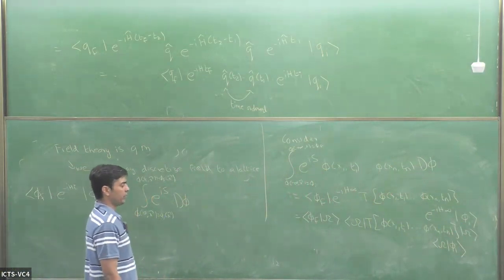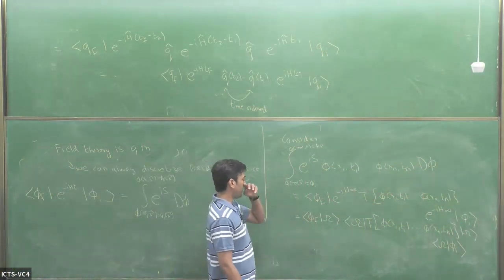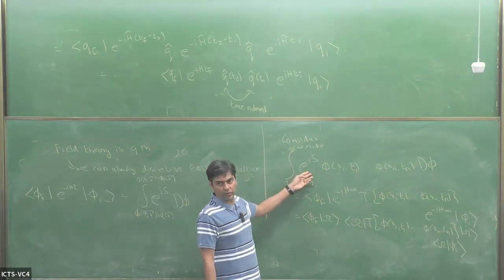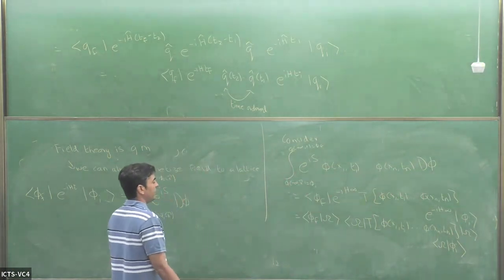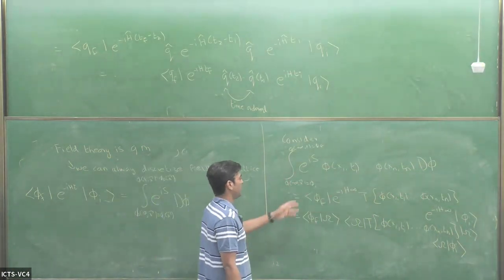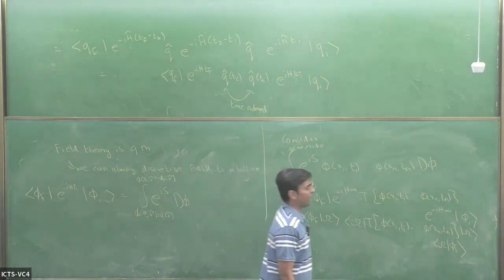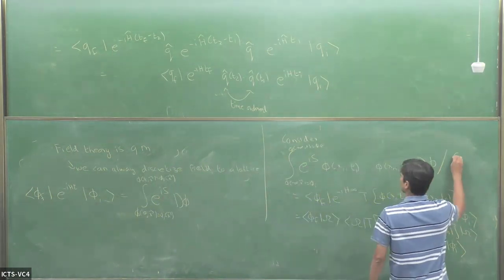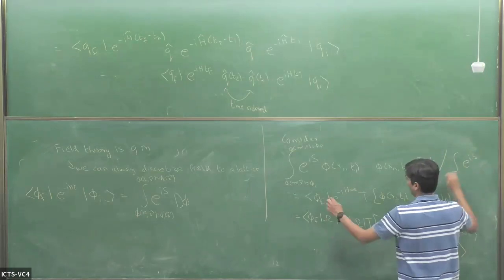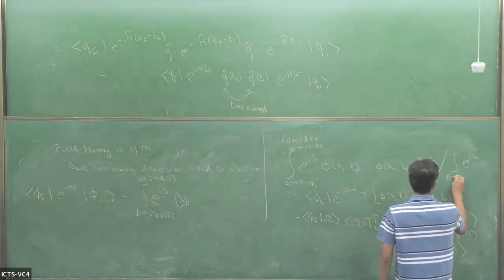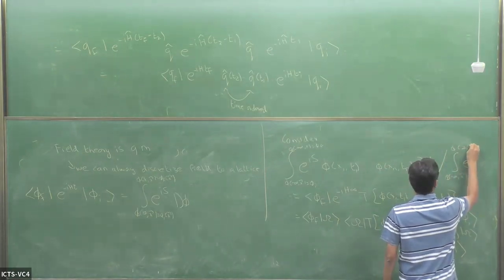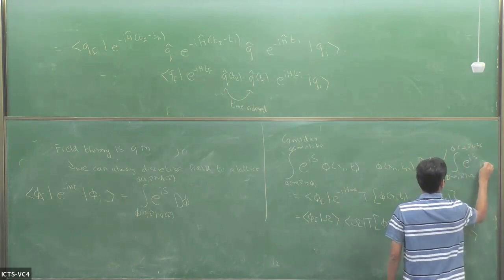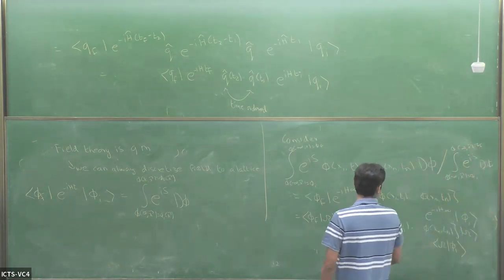This factor we know how to deal with. This factor is also the factor you would have got with no boundary conditions if you had no insertions. Therefore, the general point is that if I divide this by just e to the iS with the same boundary conditions, that's the same as just dividing this.